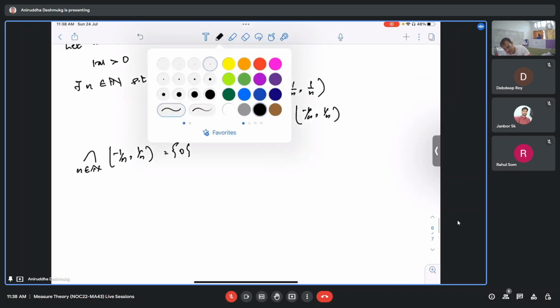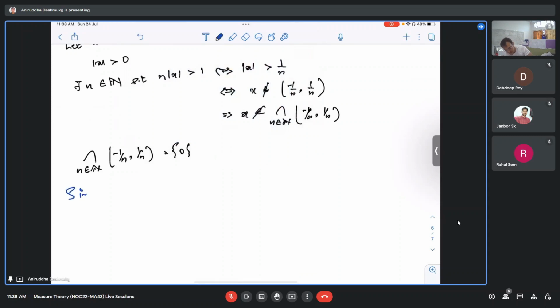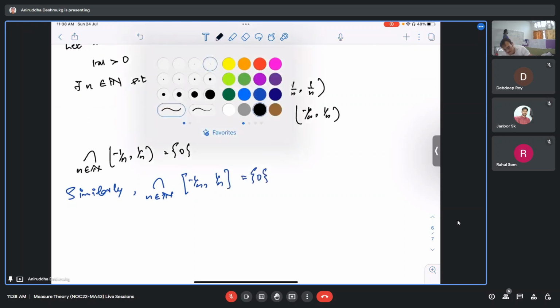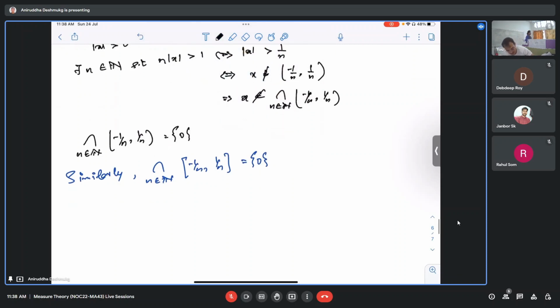And similarly, we can prove that in fact the closed intervals also satisfy the same thing. So if I look at the closed interval minus 1 by n to 1 by n, this is still going to be a singleton, no other point. Intuitively, we should always try to make diagrams as much as possible. The first one would be minus 1 to 1.